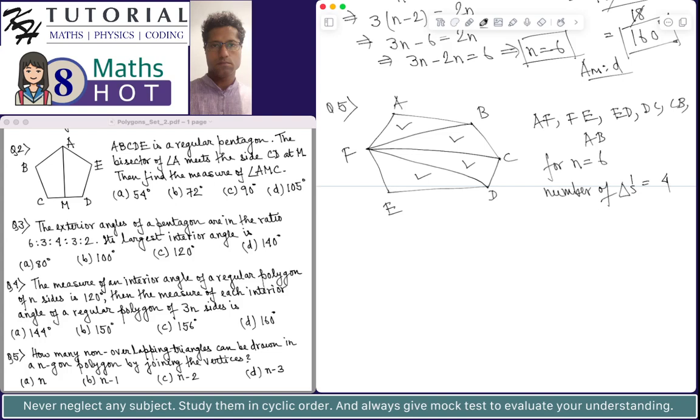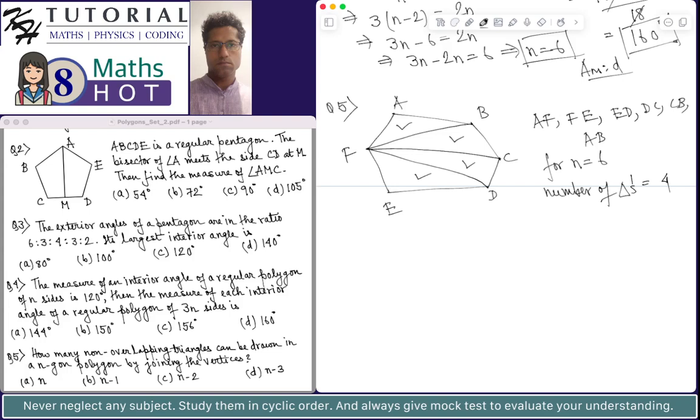Now I don't know if there is any formula that will relate the number of non-overlapping triangles and the number of sides of a polygon. In terms of the number of sides of a polygon, what will be the number of non-overlapping triangles? If there is any formula I am not aware of, I will not be able to derive that result or formula.